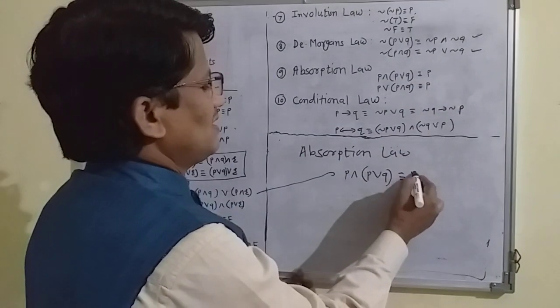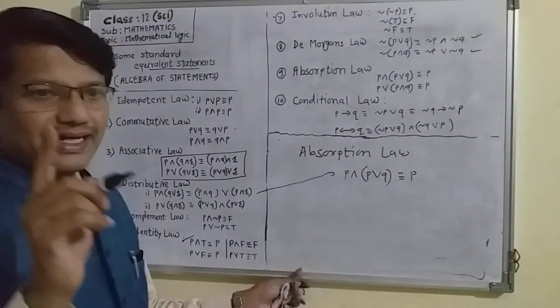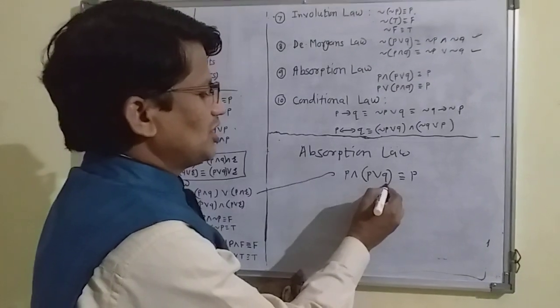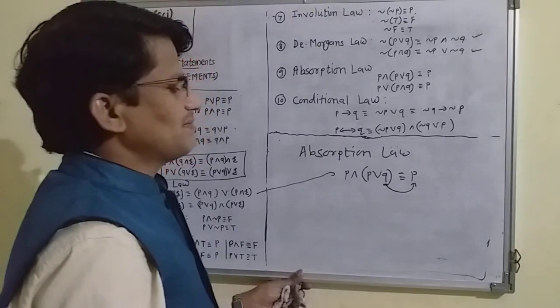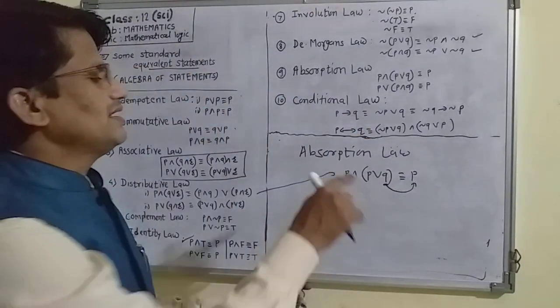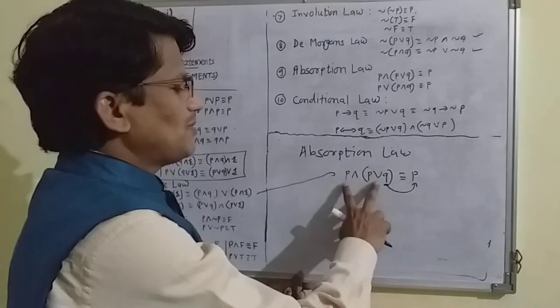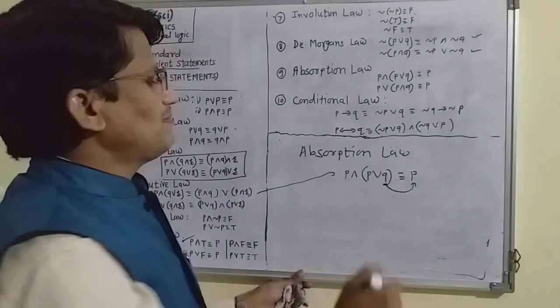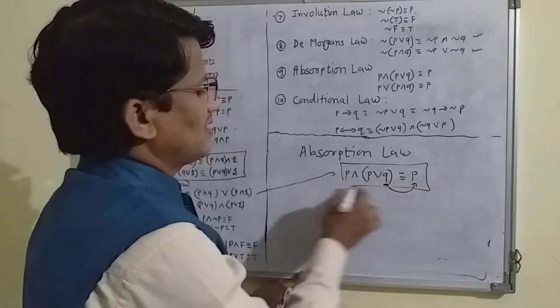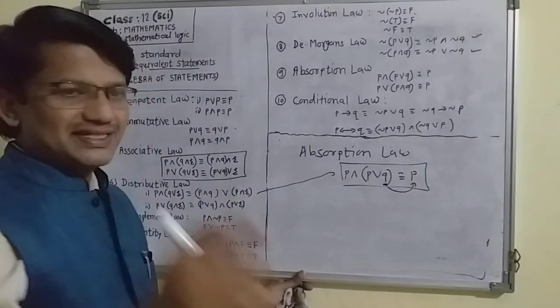The answer of this is only P. Which letter disappears? Q is not found here. The only result is P. P is repeating, the result is P. This is called the absorption law, and the proof of this result we again obtain by using the truth table of the given statement pattern. Now use the dual statement of this.